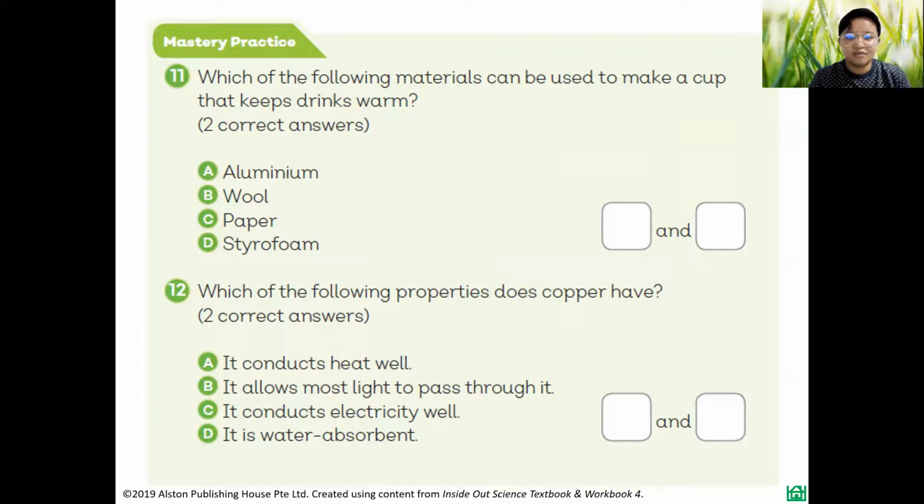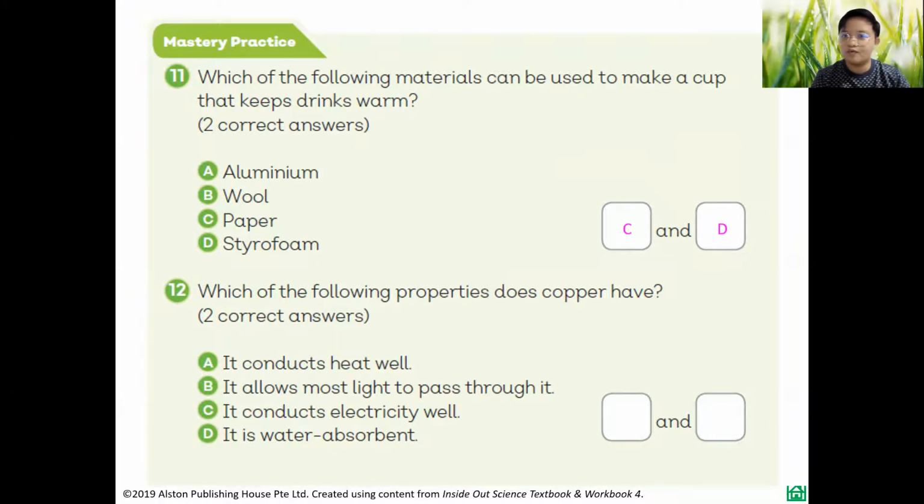I don't think wool, although it keeps us warm, but we're talking about something for drinks. And wool is also water absorbent, so it will just absorb all your drinks. So the best answer here is letter C and D, paper and styrofoam.